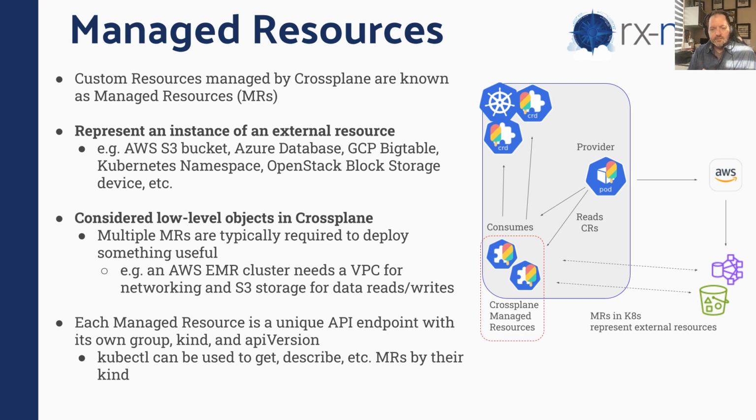Of course, that needs a VPC for networking, right? It's going to need S3 for storage, for data, both reads and writes. S3 is sort of the stand-in for HDFS in that case. And so I'm going to have to deploy multiple managed resources in order to create something useful.